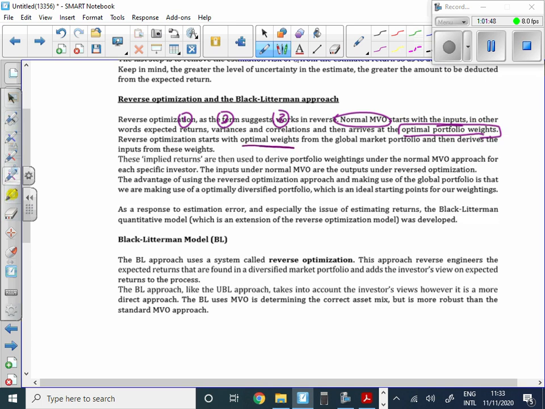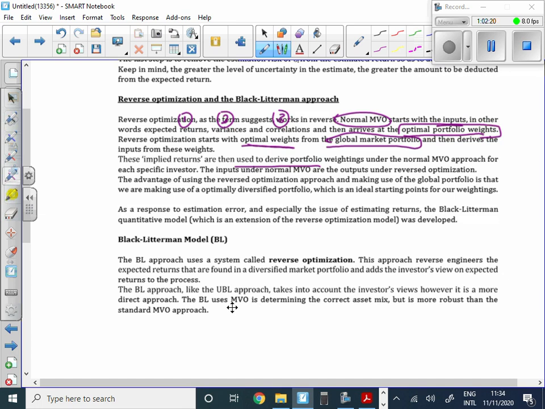Along comes reverse optimization and says, I'm going to put constraints in place for you. These are the optimal weights. Where do I get them from? I get them from a global portfolio. We then take those optimal weights. In other words, I'm working from the back end and I work forward. I reverse optimize my process, and these implied returns that I've put in are used to derive my portfolio weightings, still using the MVO approach.